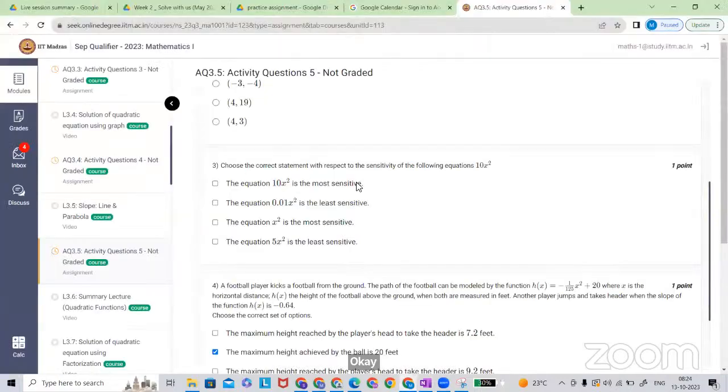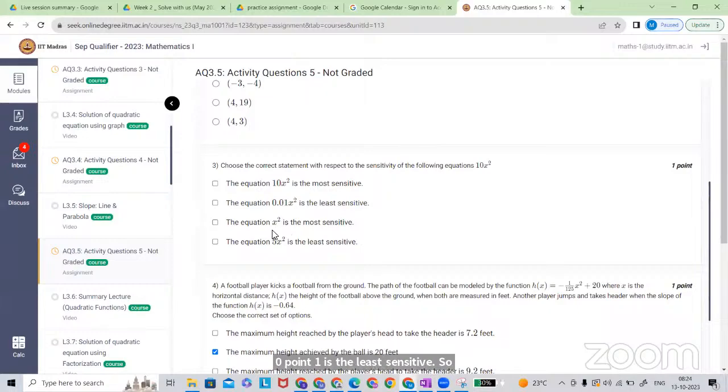Suppose this is the question: choose the correct statement with respect to the sensitivity of the following equations. 10x square is the most sensitive, 0.1 is the least sensitive.